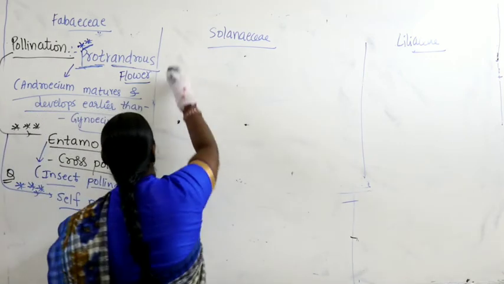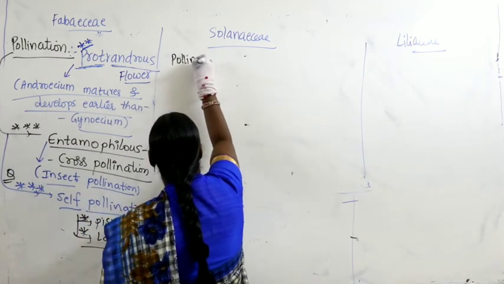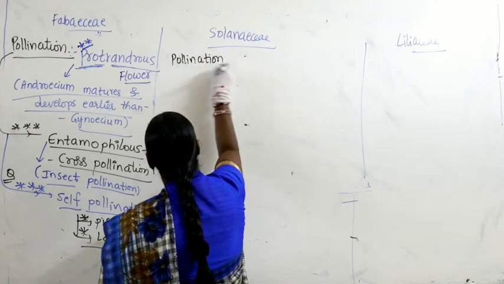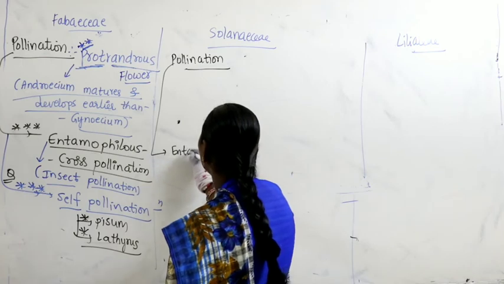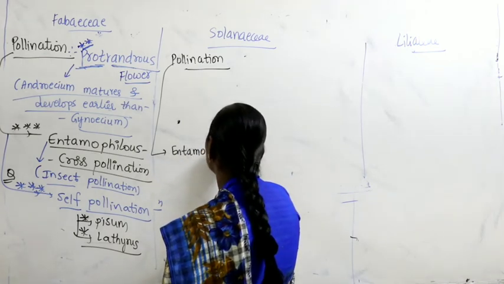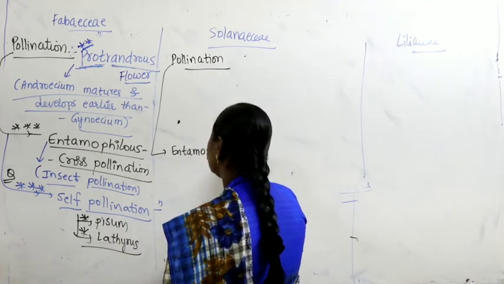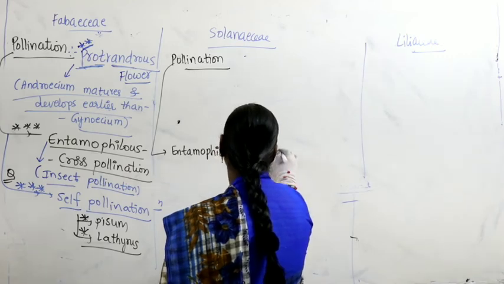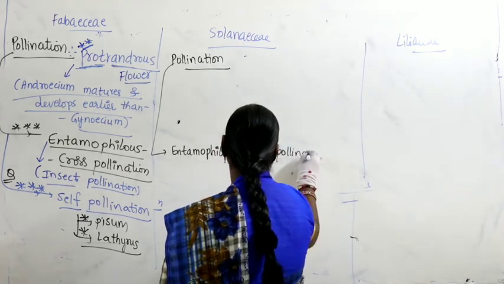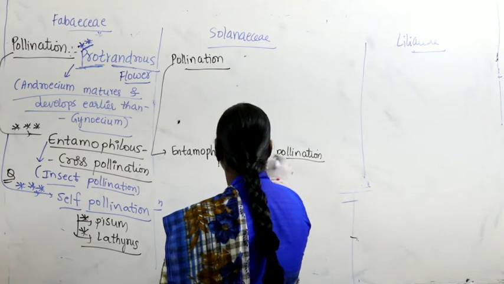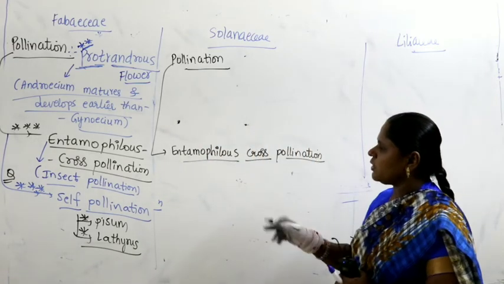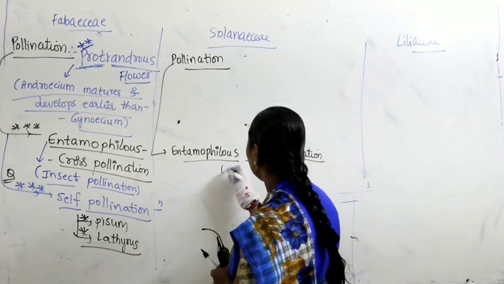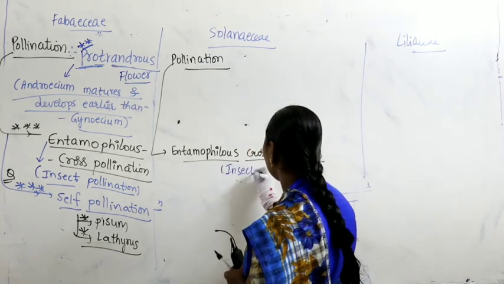Then coming to Solanaceae, pollination here. In Solanaceae also we find the same, that is entomophilous cross pollination. What is the meaning of that? That is nothing but insect pollination. If you want, you can write pollination is taken care of by insects.